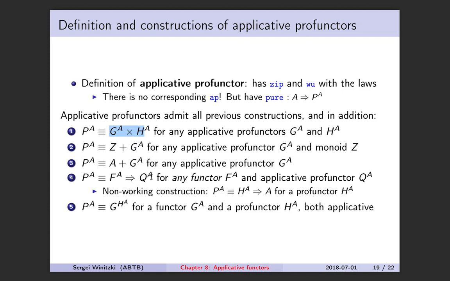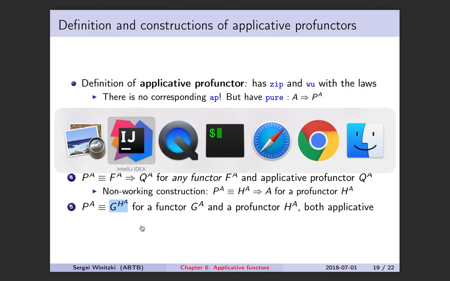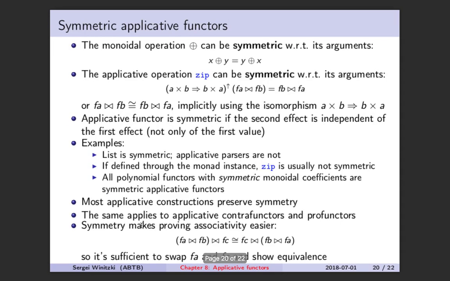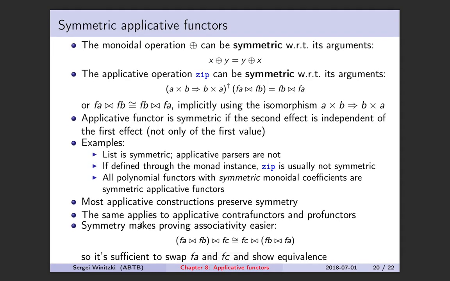So there are some constructions that would not be symmetric, usually coming from monads. But all these constructions are symmetric. So if you have symmetric coefficients, and if you have symmetric applicative functors, then you combine them using any of these constructions that we have seen, and you get again symmetric applicative functors. And contrafunctors and profunctors work exactly the same way.